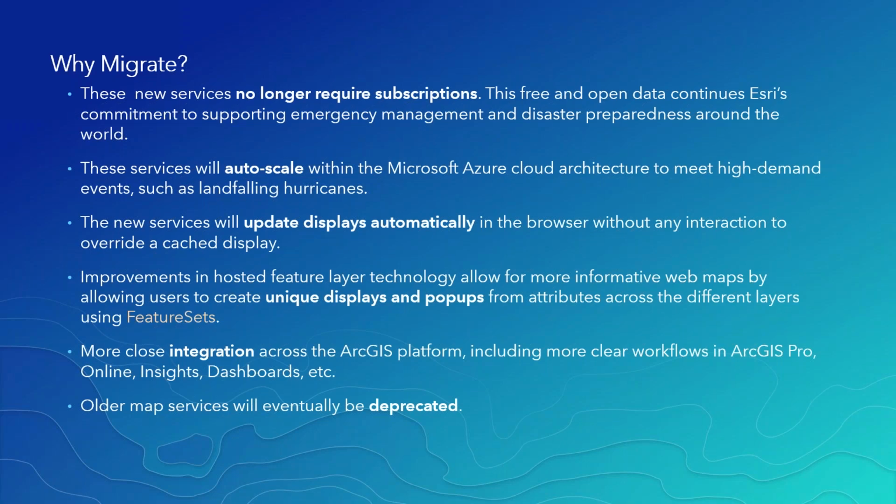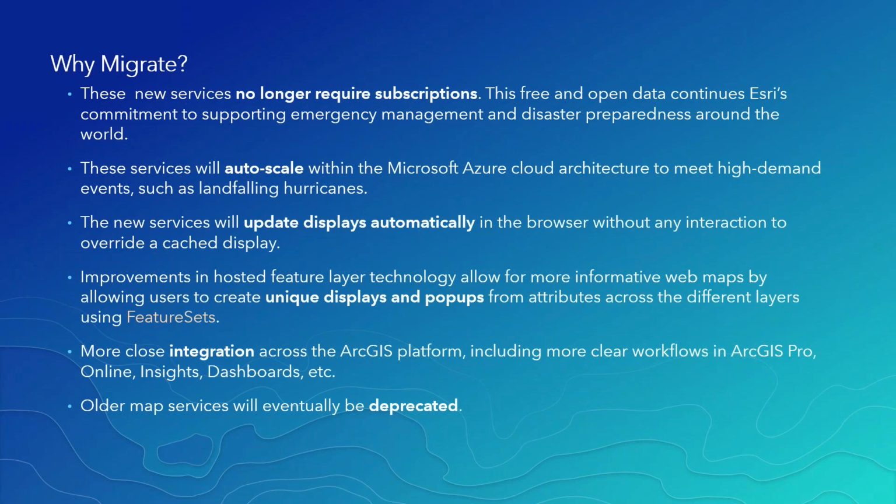Hosted feature services can use what we call feature sets. This is relatively new in ArcGIS platform, ArcGIS Online. That's the ability to take information from one layer in a web map and bring it into another layer. And you could use that to create new symbology.